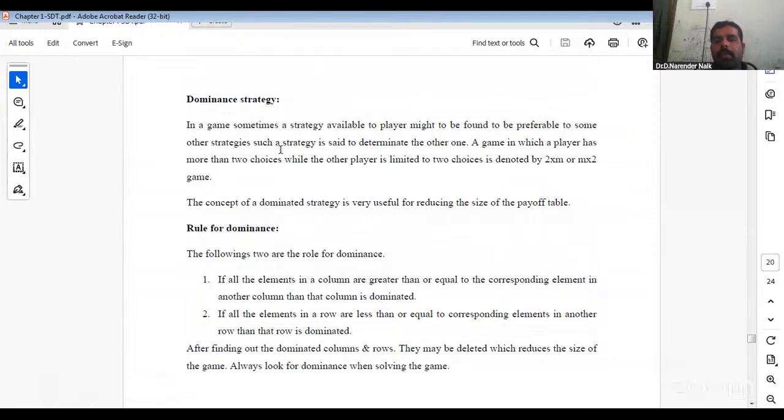A game in which a player has more than two choices, while the other player is limited to two choices, is denoted by 2 into m and m into 2 game. The concept of dominating strategy is very useful for reducing the size of payoff matrix.